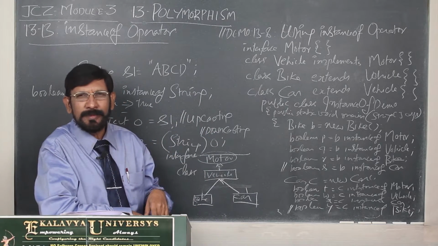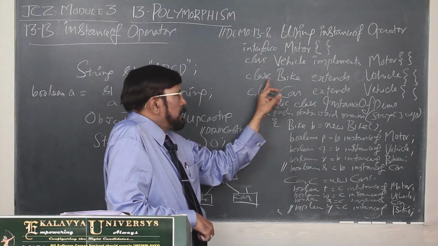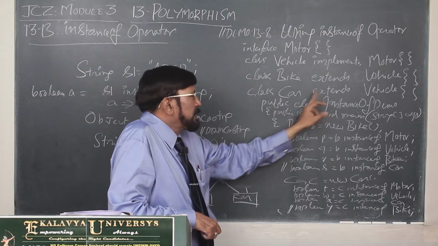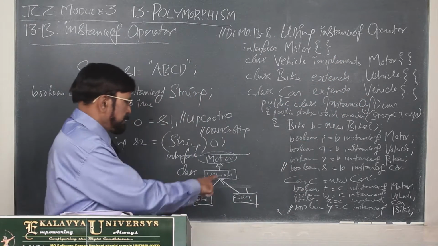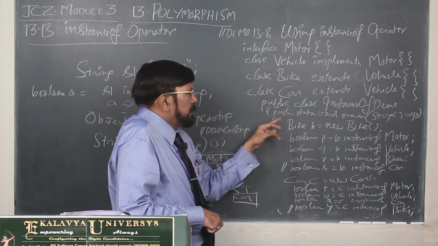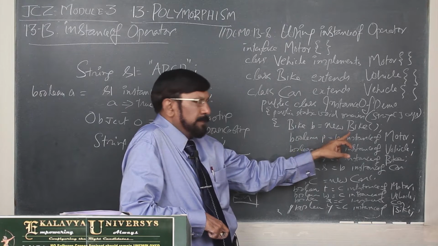Then only you can crystallize your knowledge. Now, you see Bike extends Vehicle, Car extends Vehicle. These are independent extensions. Now, see, this is independent, this is independent.